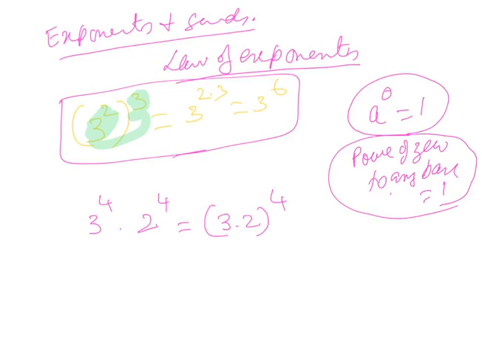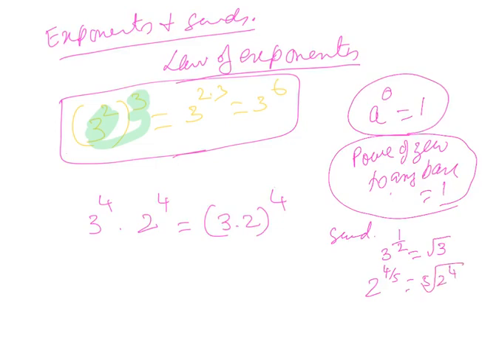Now we come to the surds. Surd means writing the exponent in root form, especially for rational exponents. That is 3 to the power of 1 over 2, we write as square root of 3. 2 to the power of 4 over 5, we say fifth root of 2 to the power of 4.